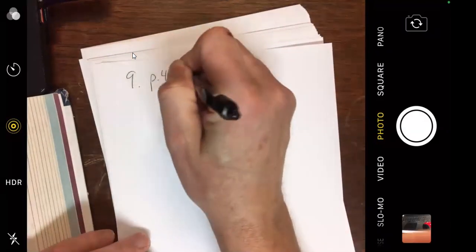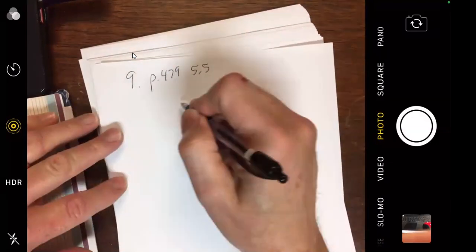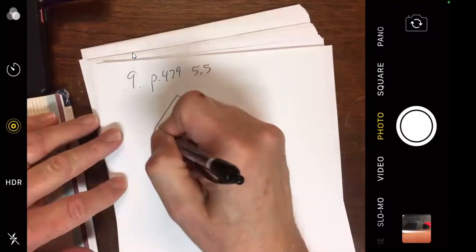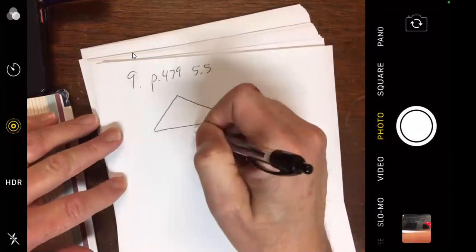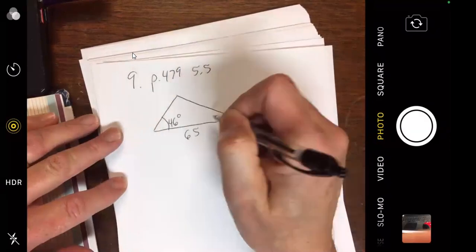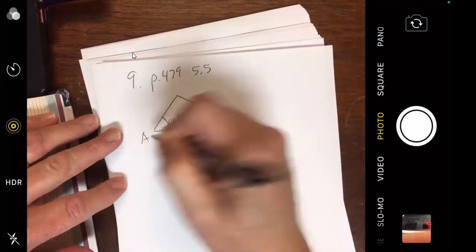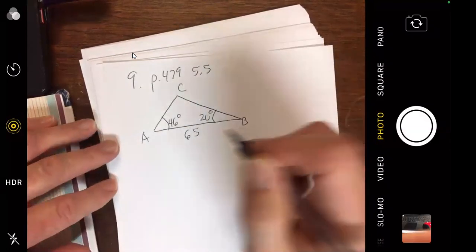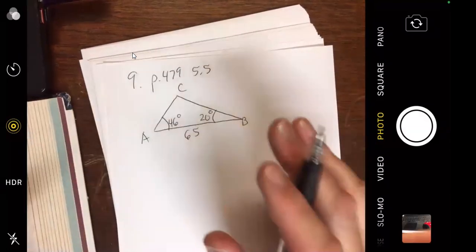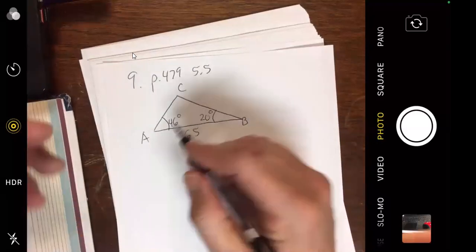Page 479, 5.5. 65, 46 degrees, 20 degrees. They call this A, this B, this C. You can use any letters you want. You just got to pay attention to the convention of using angles over opposite sides.